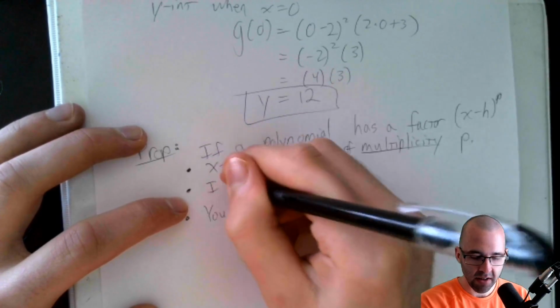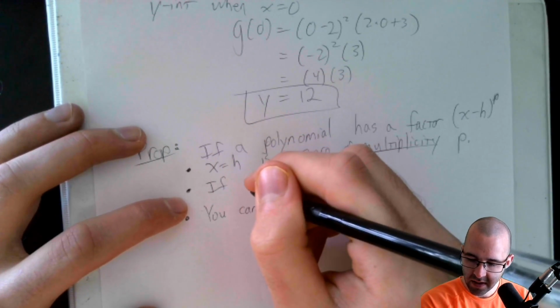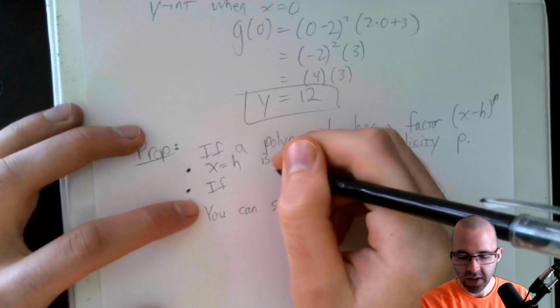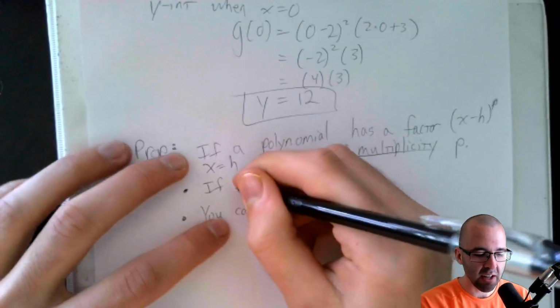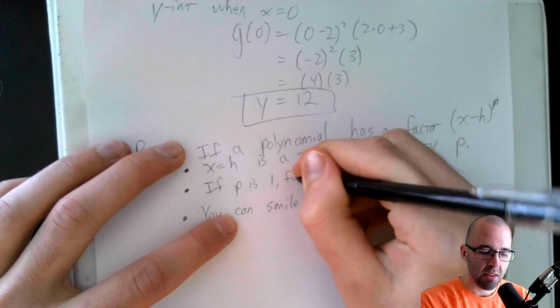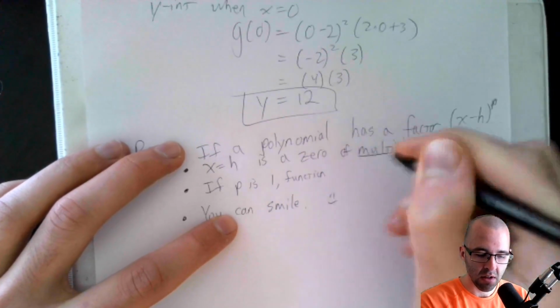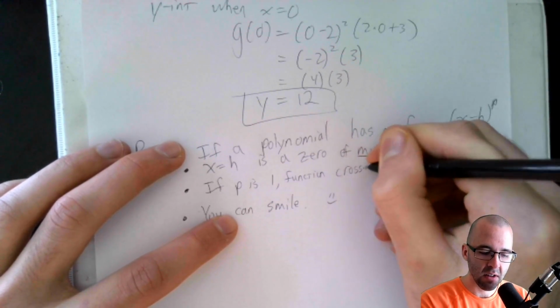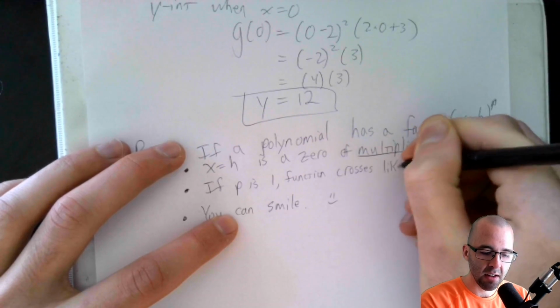If p is odd, yeah, we'll add on to the property again. If p is 1, the function crosses like a line.